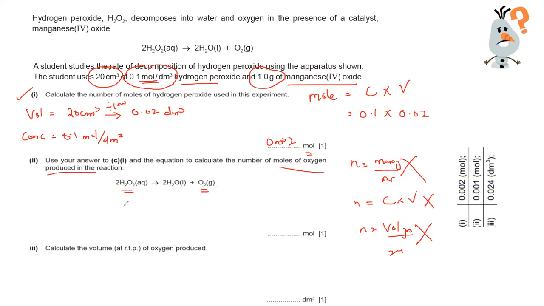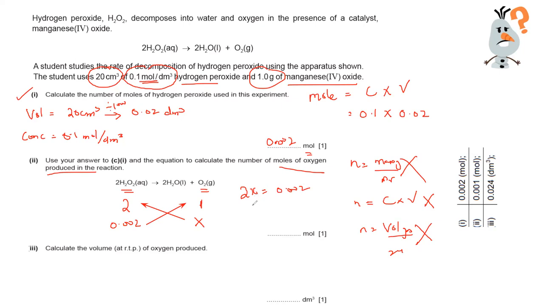If there are 2 moles of hydrogen peroxide, there will be 1 mole of oxygen. But if we have 0.002 moles of hydrogen peroxide, how many moles of oxygen will there be? X. And then we cross multiply. 2 multiplied by x is 2x, and 0.002 multiplied by 1, so 2x equals 0.002.